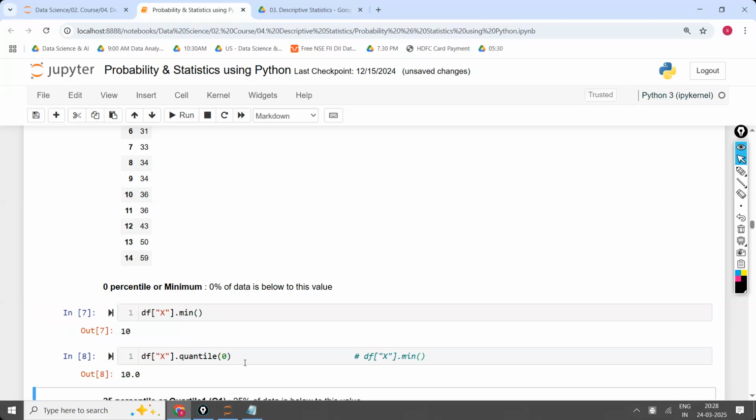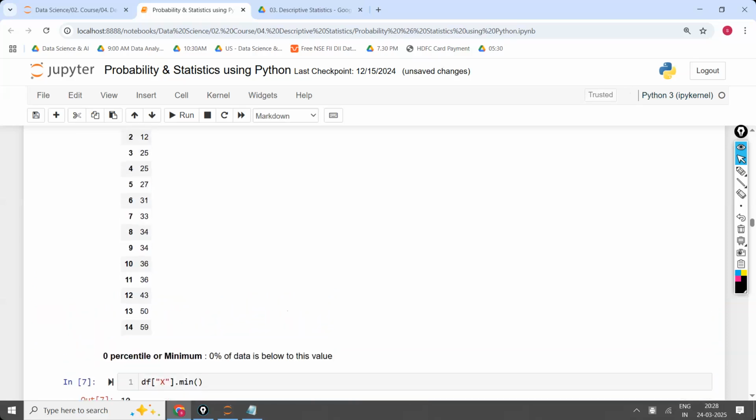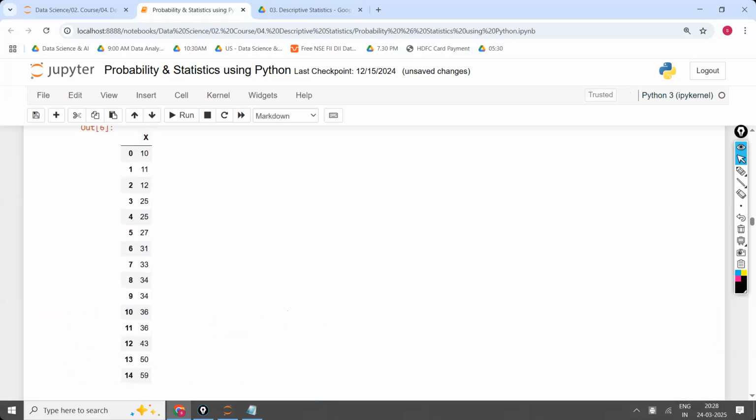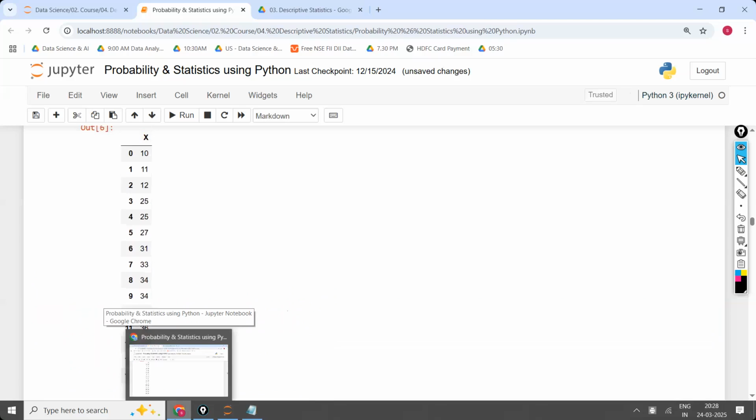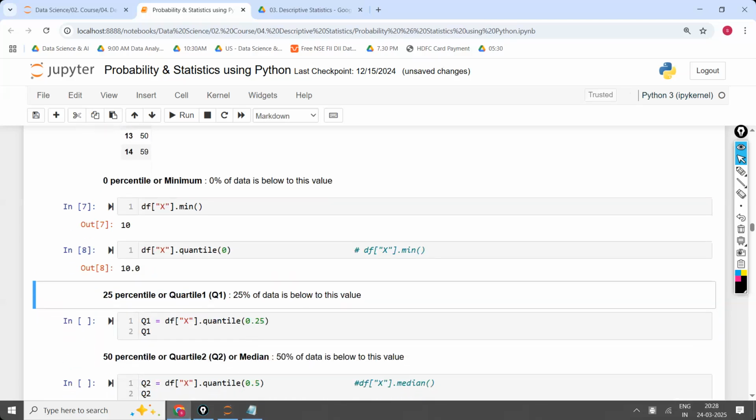Quantile of 0. For example, now I want to calculate the 25. What is meant by 25 percentile? 25 percentile means 1 by 4th of the data. Now 1 by 4th of the data should be below that one. That is nothing but quantile of 0.25. 0.25 means 25% of the data will be below this value.